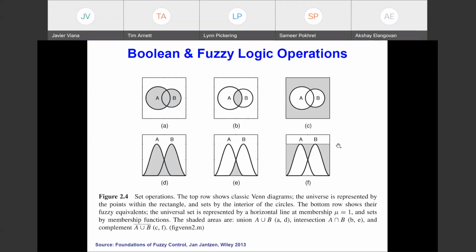Similar things happen in fuzzy, where if we have this description, the input space described by these fuzzy sets, we can do similar things with union, intersection, and complement. There's also another term for this called T-norms, which I encourage you to look up in the literature if you're more interested, but it's describing these operations in a more mathematically rigorous way.